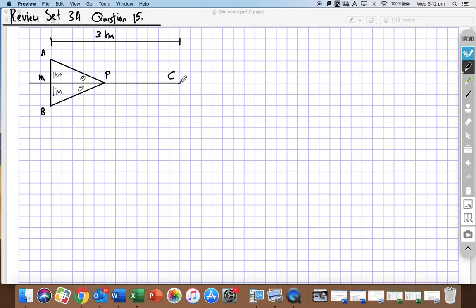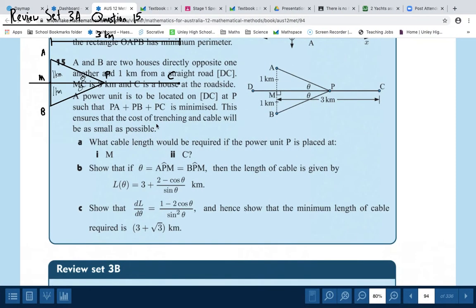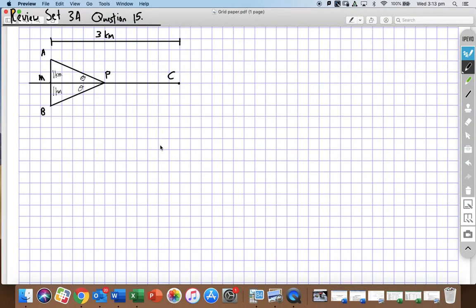So this is a house here as well. And then it says, if the power unit P is placed at M, and if it's placed at C, what length of line would you be looking at?